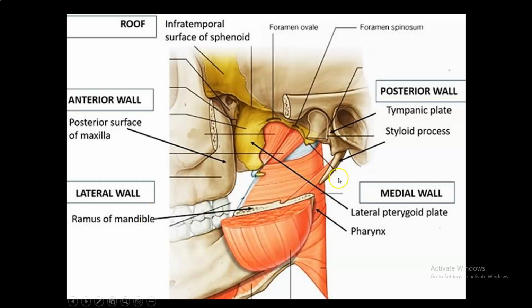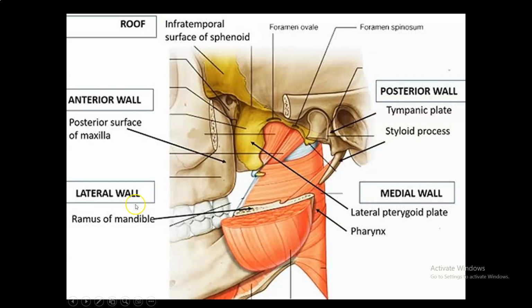So this is a view of the infratemporal fossa. This is the zygomatic arch, this is anterior, and we removed the lateral wall of the infratemporal fossa, which is the ramus of the mandible and the condyloid process, temporomandibular joint, forming the lateral boundary.